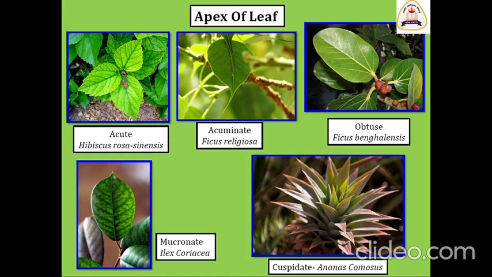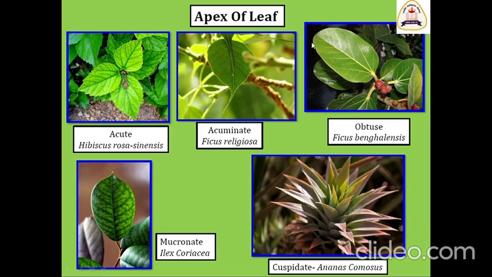Apex of the leaf. Acute, where the tip is pointed, and the angle is an acute angle. Example, Hibiscus rhodesiensis. Acuminate, when the acute tip is extended into a long structure, as in Ficus religiosa, the elongated leaf apex.